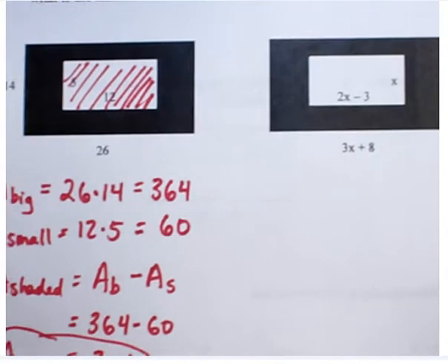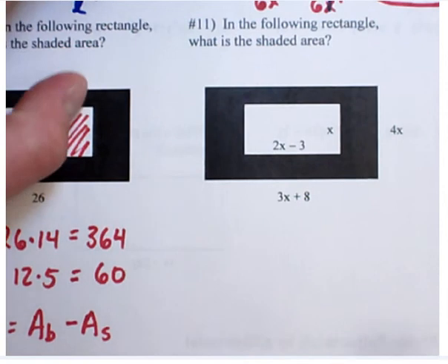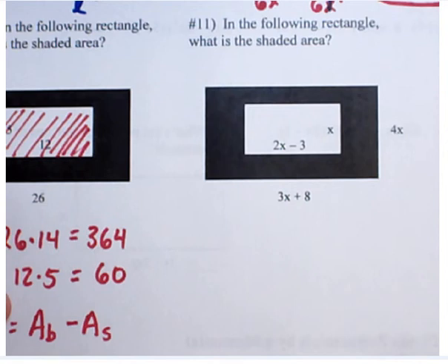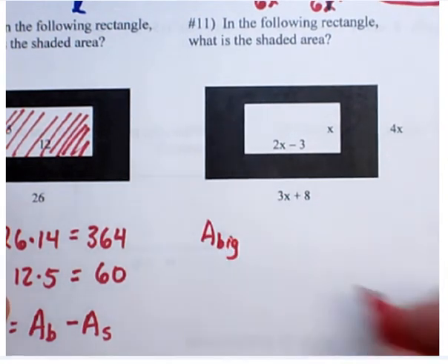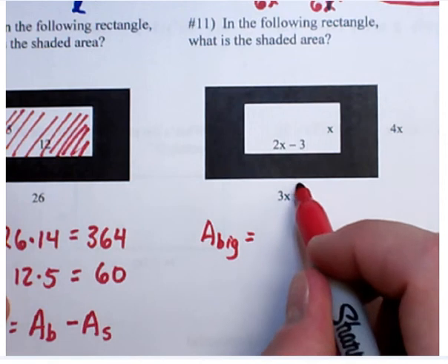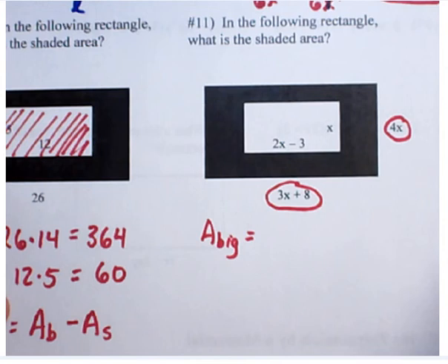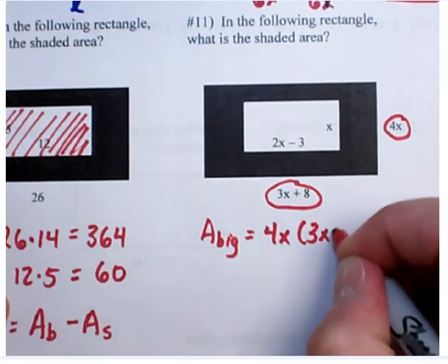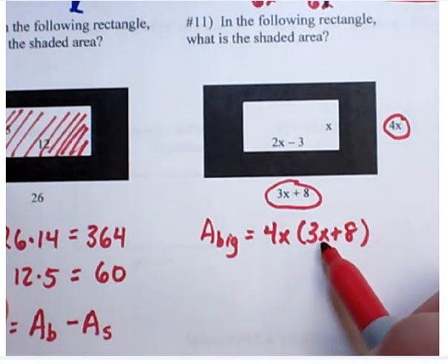Now, in the last problem here, number 11, same idea. The only difference is now we're looking at variables. Area of the big is the length times the width. Now I'm going to write that. That's 4x times, I have to use parentheses because I'm multiplying not just by 3x, I'm doing 3x plus 8.